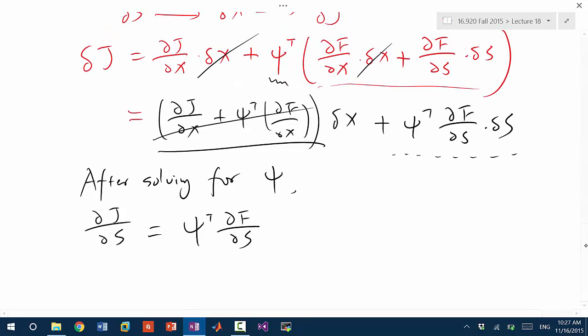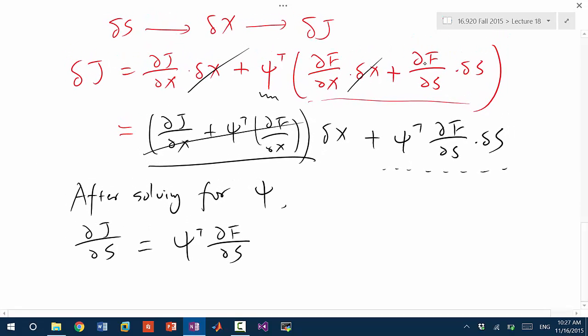Any questions on this? So the procedure is that we need to first solve the nonlinear equation just once for x, because usually we need that x to be able to compute partial f partial s, partial j partial x, partial f partial x. So these three partial derivatives usually depend on the solution x.